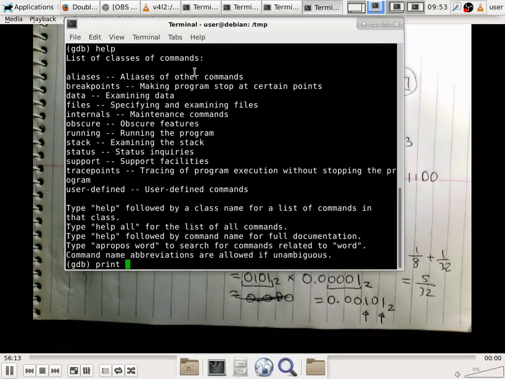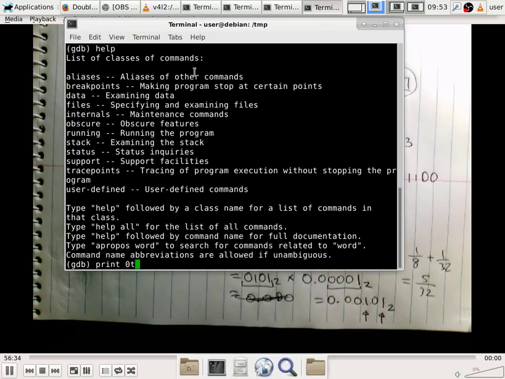In GDB, which is really cool because even though C and C++ do not let you enter numbers in binary, GDB does. If I remember correctly, it's 0t instead of 0x. 0t is the prefix for a binary number.